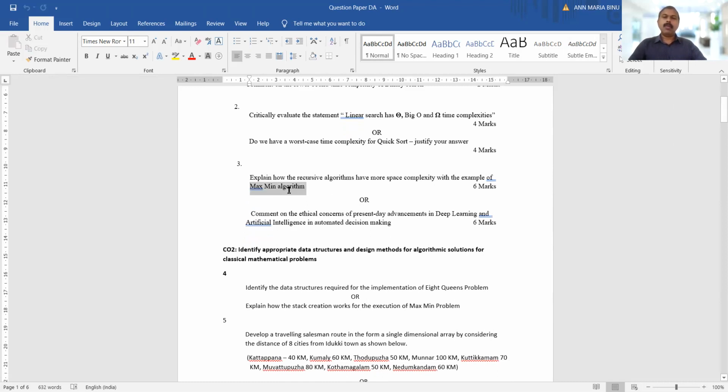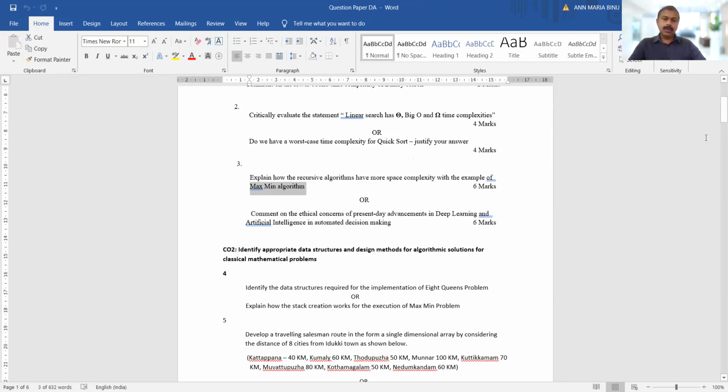This is really an application-oriented question, because in programming we have two ways of writing programs, by using recursion and by using non-recursive methods. And when we use recursive methods, it needs some additional resources. So by applying this example, a student has to demonstrate how it is occupying more space.